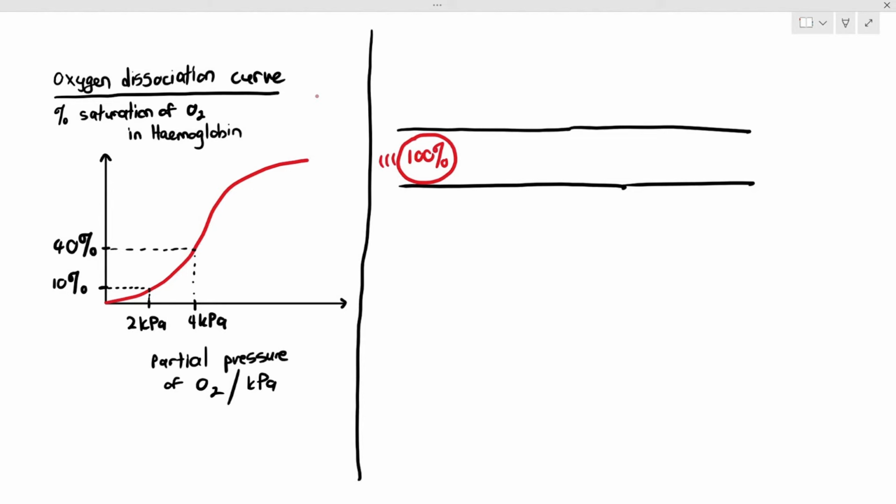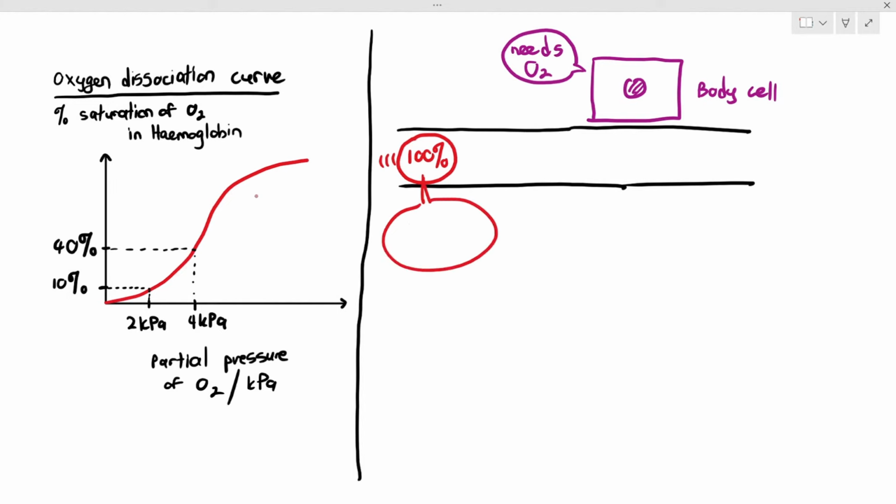Now, let's say it's passing by a body cell. Now remember, a body cell constantly needs oxygen because of aerobic respiration. So the red blood cell over here has a lot of oxygen and its function is to give the oxygen to the body cells.